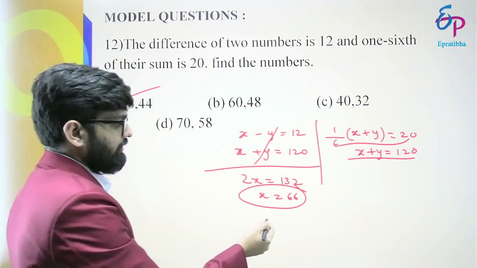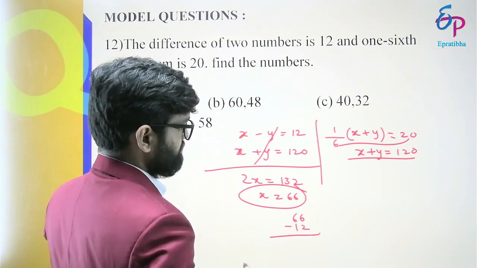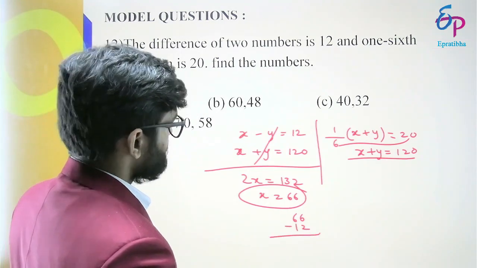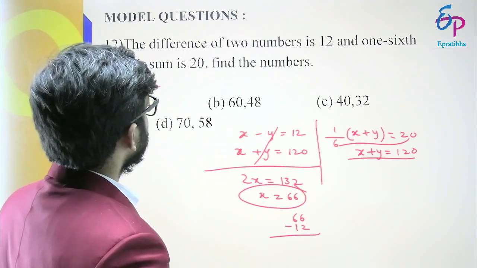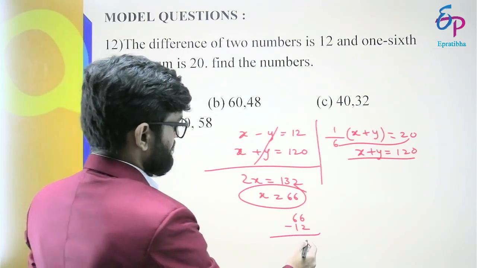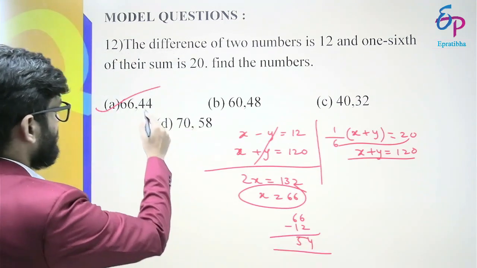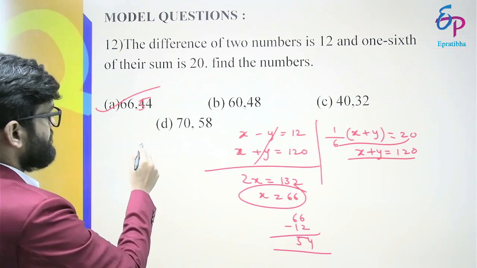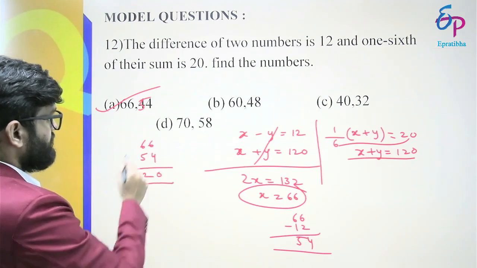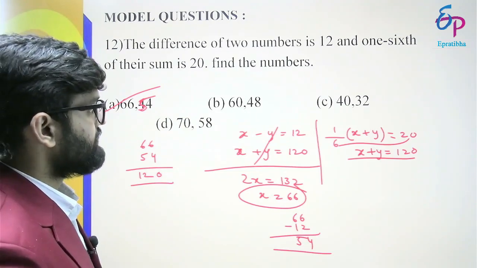If you want y value, 66 minus 12, it is 54. Actually, I am sorry, this will be 54. 66 plus 54 is how much? This is 120. I am sorry, the option is wrong, but 66 comma 54 is the correct answer.